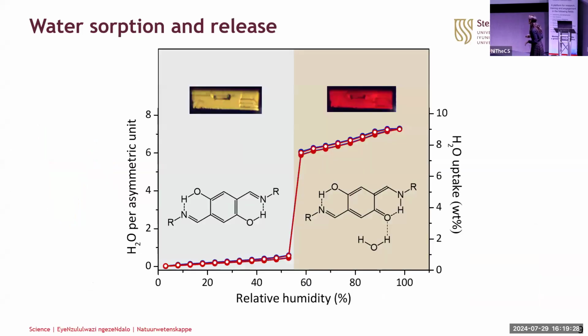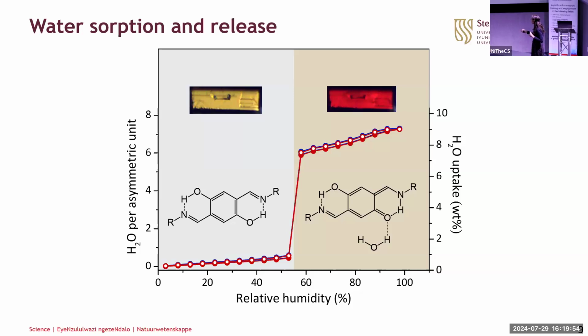So we were absolutely right, and we knew that this had to do with stabilizing that red color with the water. The problem is that doesn't explain why that color is associated with a very fast uptake. So what you see here is the relative humidity. As it increases, this is how much water is in this crystal.